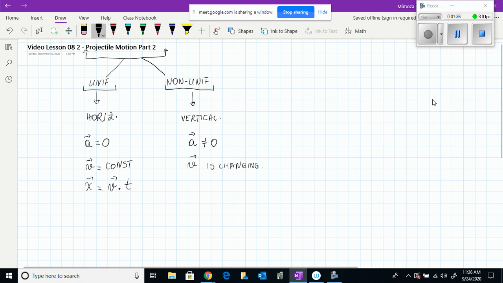And the way that we solve for the displacement is using kinematics equations. As we have mentioned when we did kinematics equations, the one that is mostly used is v initial t plus 1/2 a t squared.